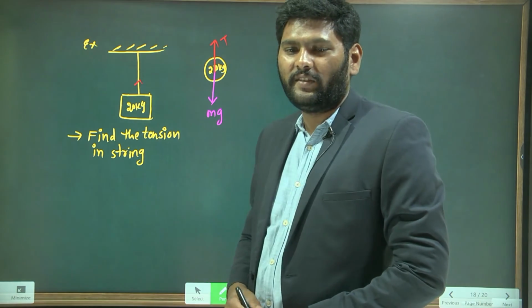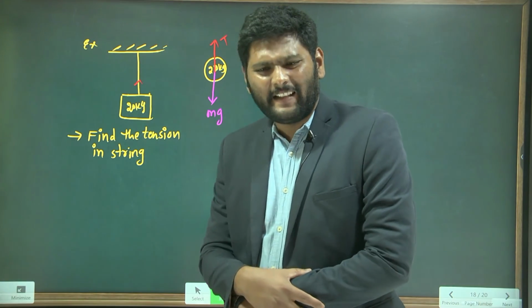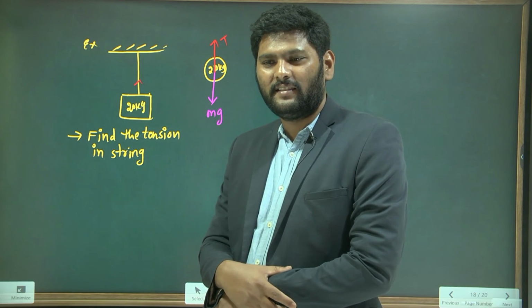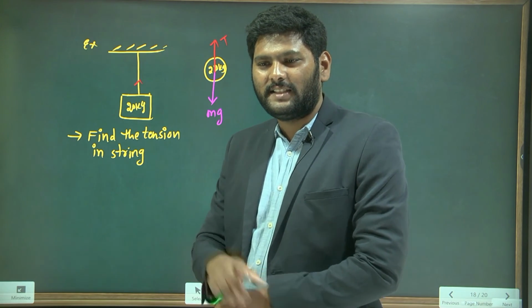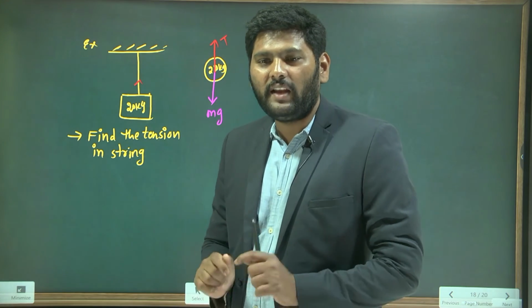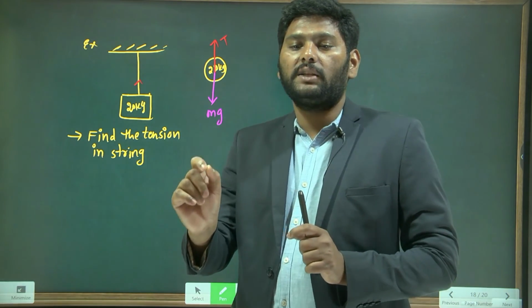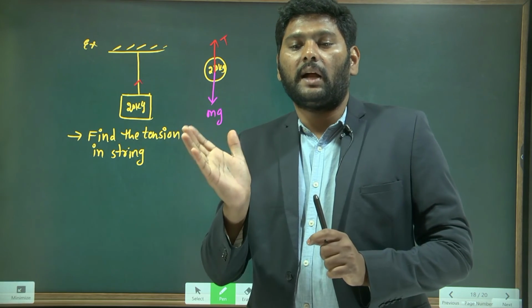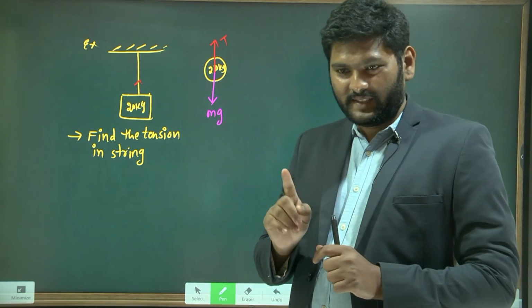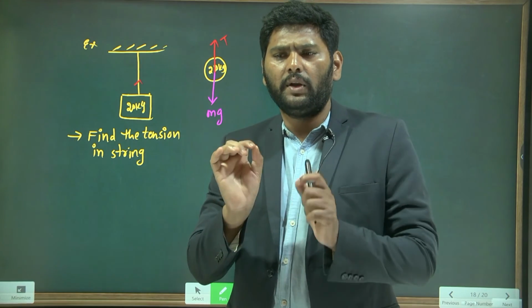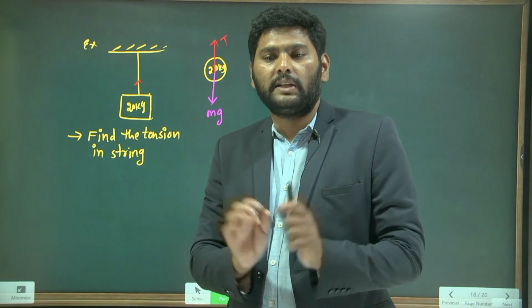Are any other forces acting? No, sir. Why? Will normal reaction not act? It will, that is wrong. Normal reaction will act only when the body is in contact with a surface. Otherwise, it won't act.